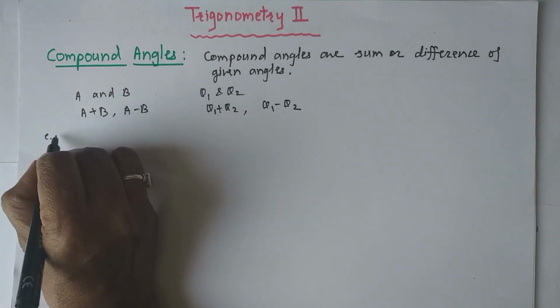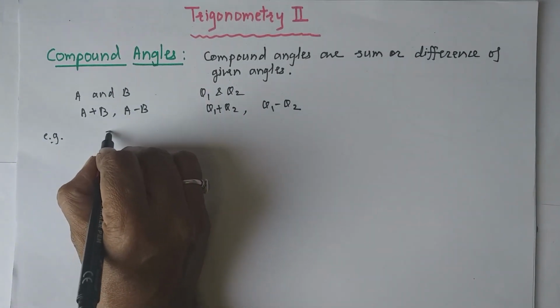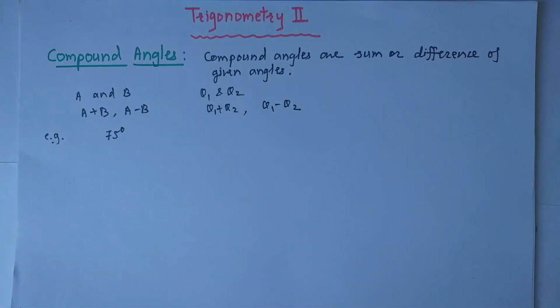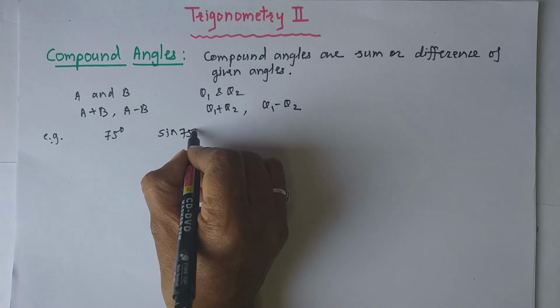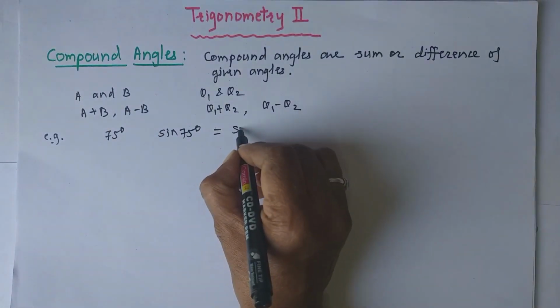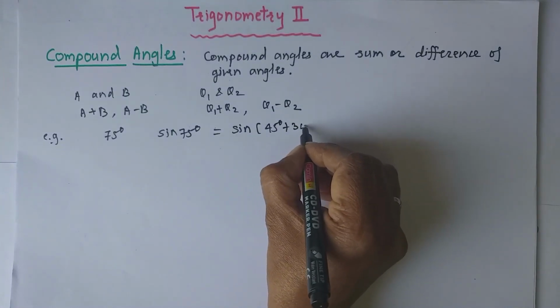For example, if we have to find the angle of 75 degree, in our table of 0 to 90 degree, there is not the angle of 75 degree. Then how will we find the trigonometric function of angle 75 degree? If I have to find sine 75 degree, then I can write this angle as 45 plus 30 degree.